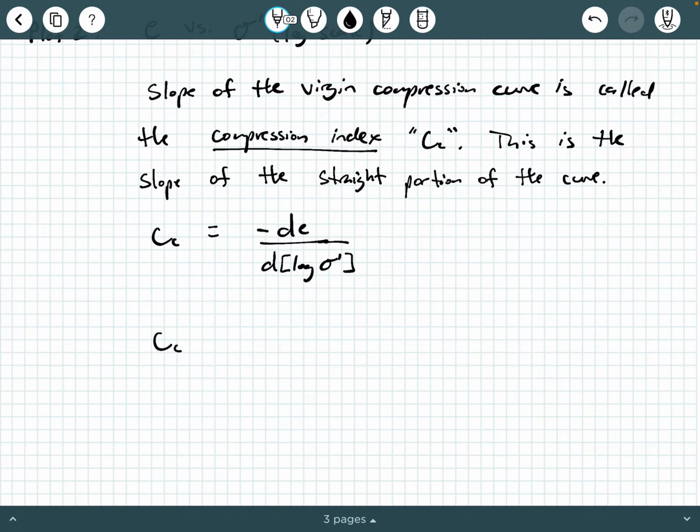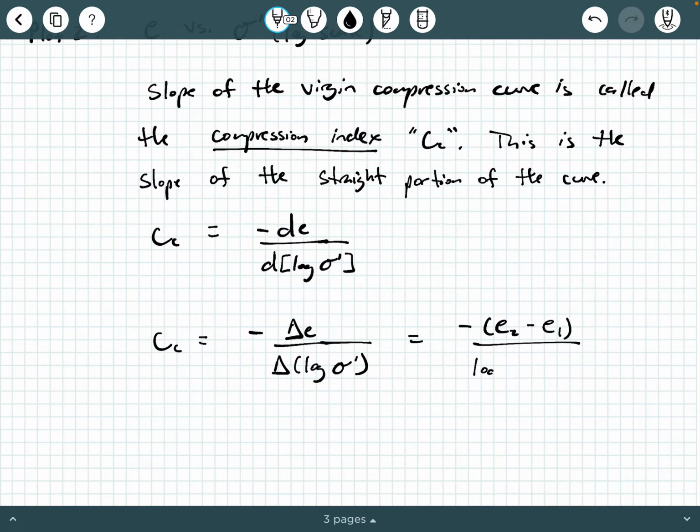We could say C sub C equals negative delta E over delta log effective stress, and this should be familiar to you. And so of course we get negative E2 minus E1 divided by log sigma prime 2 minus log sigma prime 1, okay?